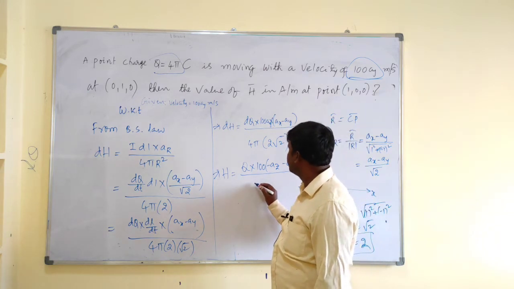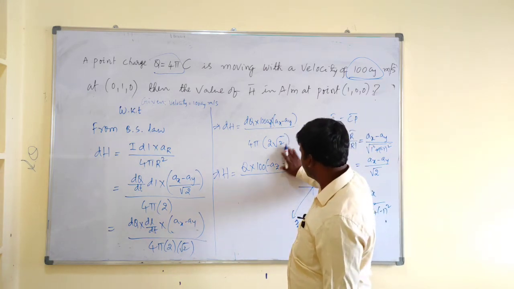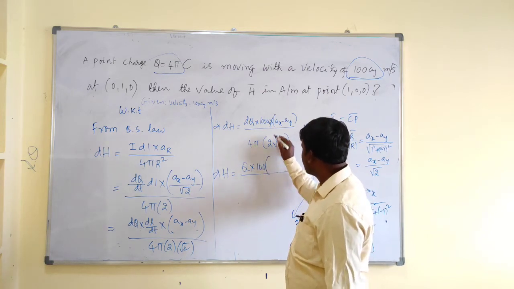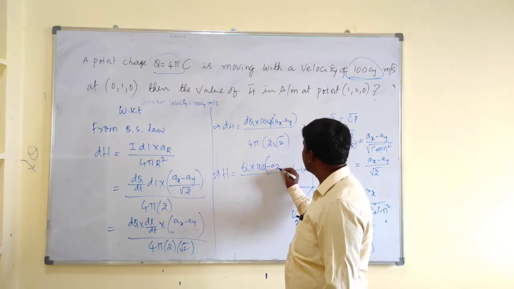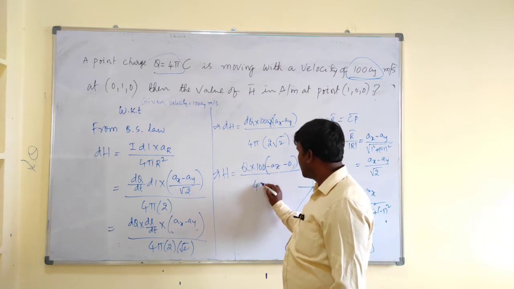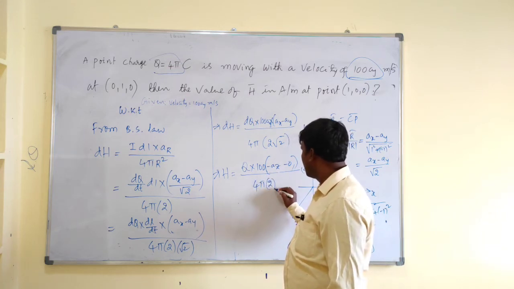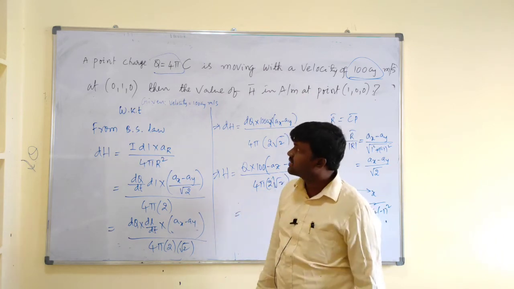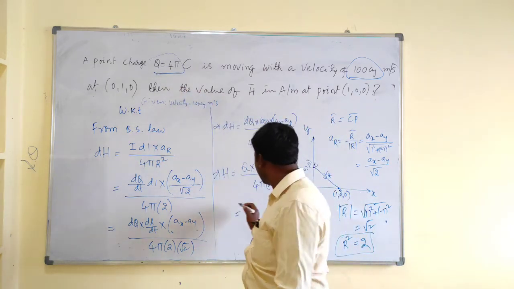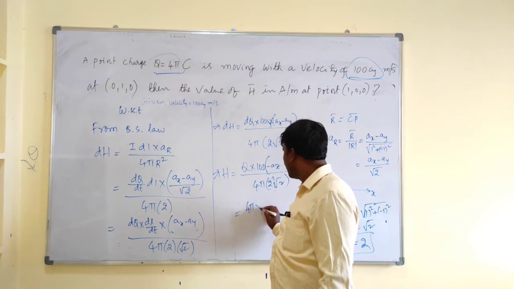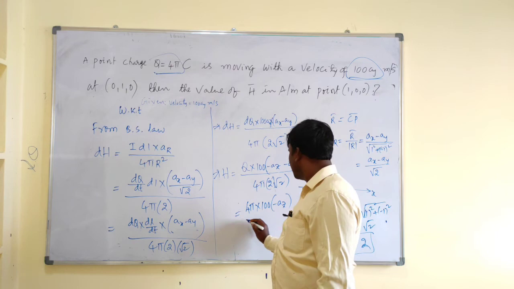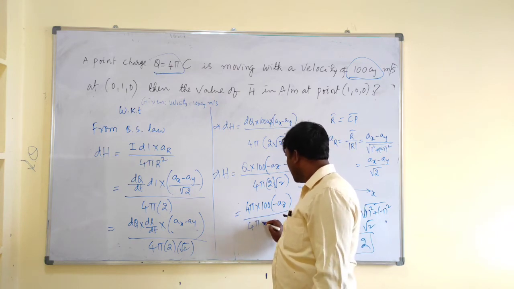Then Q is given as 4 pi, so 4 pi into 100 minus az divided by 4 pi 2 root 2.